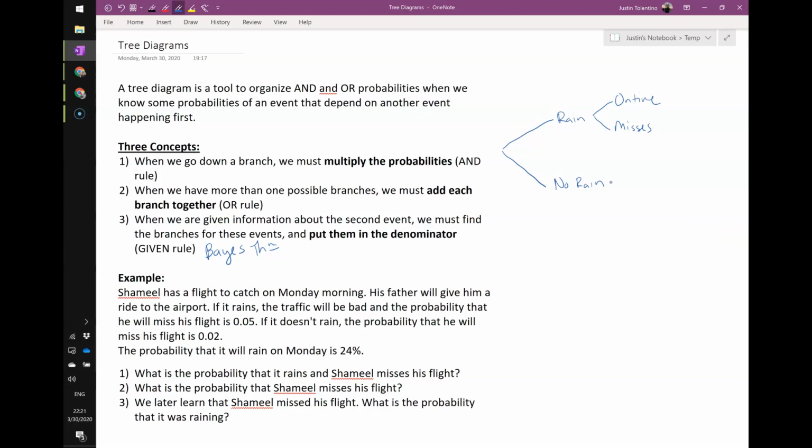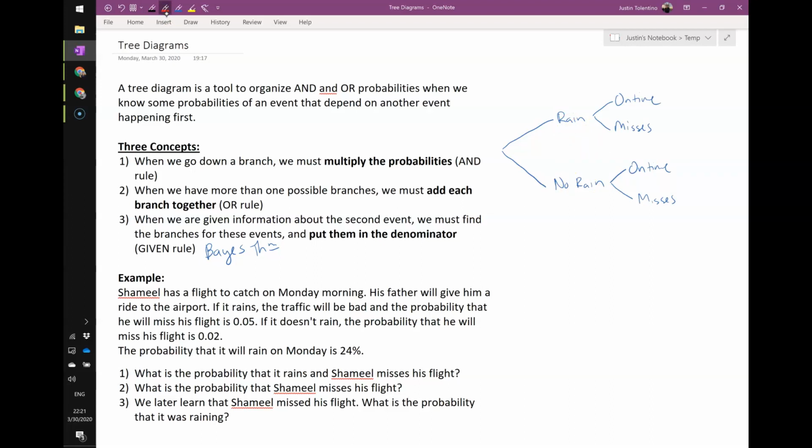Same thing, if it doesn't rain, he still might be on time or he might still miss his flight. So in this diagram, we can see that these events depend on this event happening first, whether it rains or not. And now we can turn this into a probability tree by throwing in these probabilities.